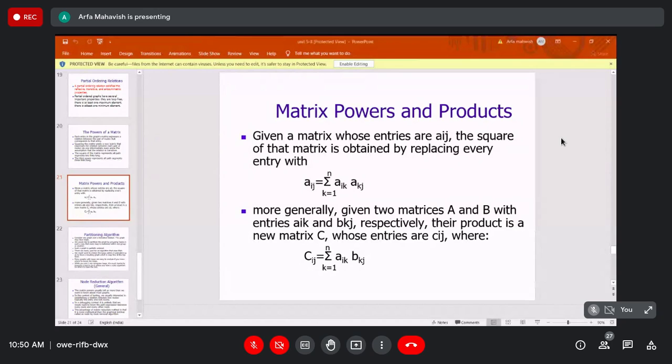If there are two matrices with different entries, for example x_ij and y_ij, then the product of these matrices will be z_ij = sigma, k = 1 to n, x_ik y_kj. The product of matrices x and y is equal to z. So when we do x into y, we will get the z value. Look at this, guys.